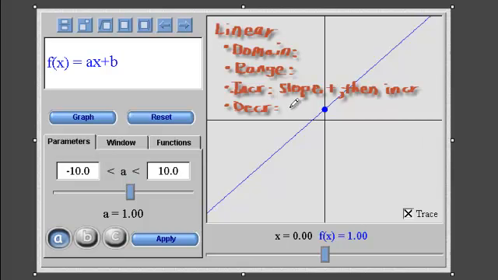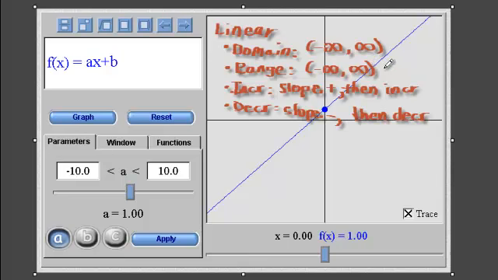If the slope is negative, then it's decreasing. Our domain, I look left and right to see what x can be. Negative infinity to positive infinity, all reals. I look at the range, up and down. Negative infinity to positive infinity. And those are generalizations for a linear function.